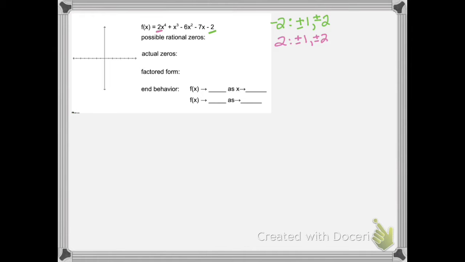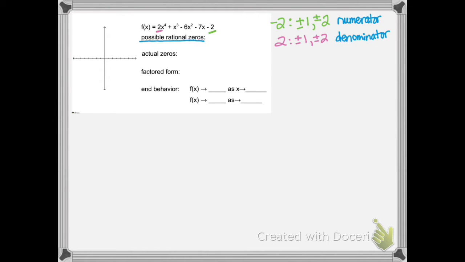And then our list of potential zeros is any arrangement where the numerator comes from our list of factors of the constant, and our denominator comes from the list of factors of the leading coefficient. So I'm going to take the 1 from the numerator.